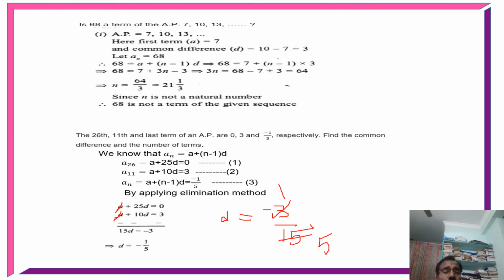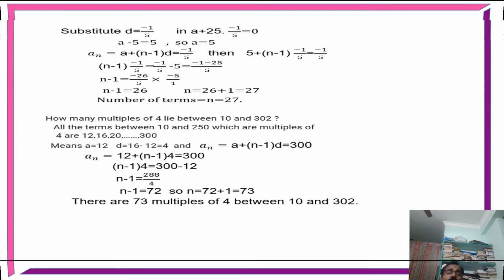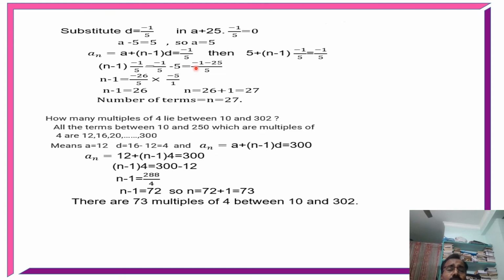Let us do the next part by going to the next slide. Please go with the next slide for the rest of this problem. So here we got common difference minus 1 by 5 in the previous slide. So substitute in a plus 25d equals 0, where d is minus 1 by 5.